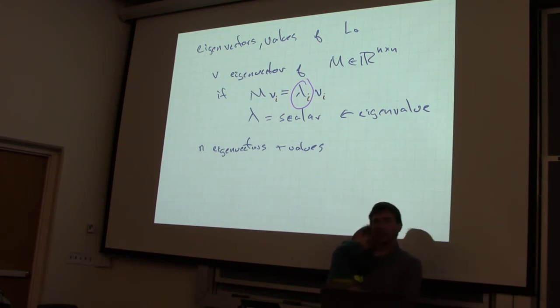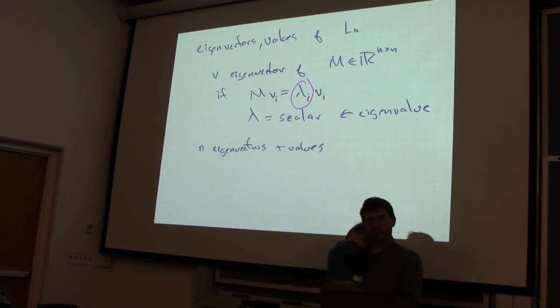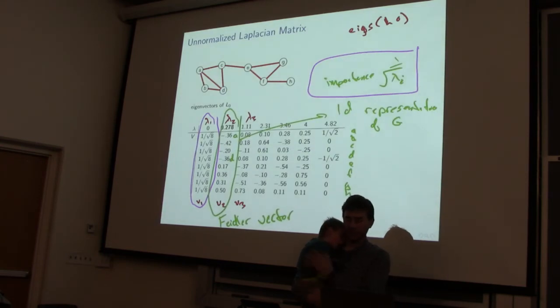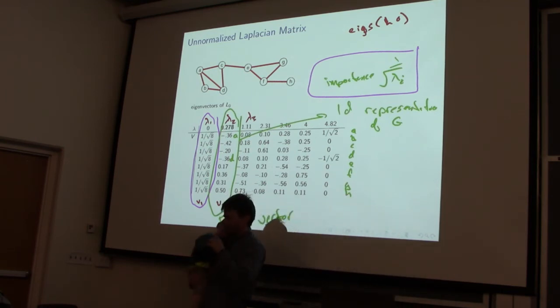It could be a matrix, I guess, but it's a vector in this case, and I get back the vector. It's on both sides, but it's scaled by some amount, and that scaling is lambda. And when we talk about PCA later on, the larger values are going to be more meaningful. And these larger values are basically going to correspond with 1 over square root lambda in those cases.